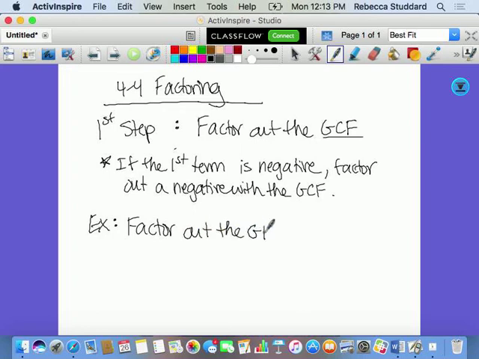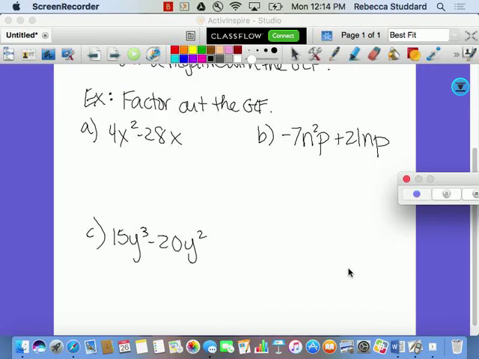Remember, GCF is greatest common factor. All right, so here are the 3 examples that we're going to do of factoring out the GCF.